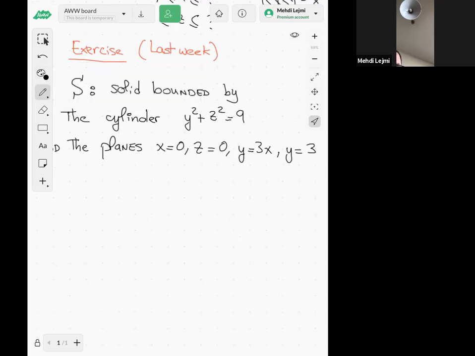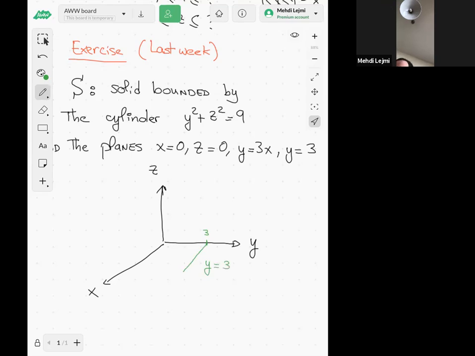Here's your y-axis, this is the x-axis, and then you have the z-axis. We have, let's say, y equals 3. So this is the line y equals 3.